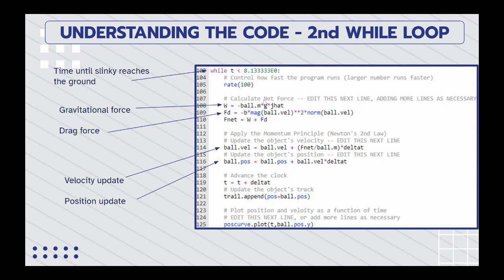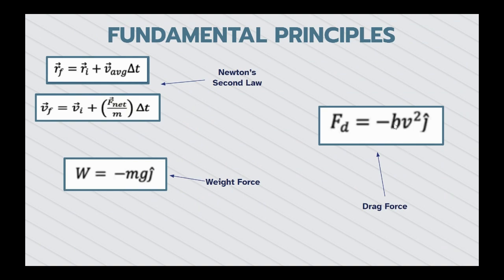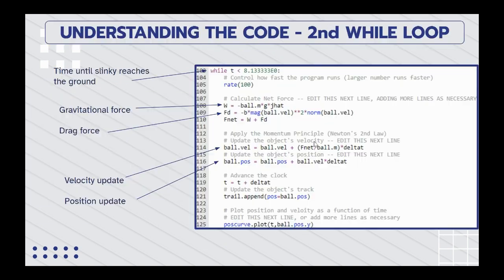We can see here this is our formula for gravitational force, and this is our formula for the drag force: the constant times the velocity to the power of 2. It's simply plugged into the code. And then these two once again will be used to update our velocity and position at the current moment.